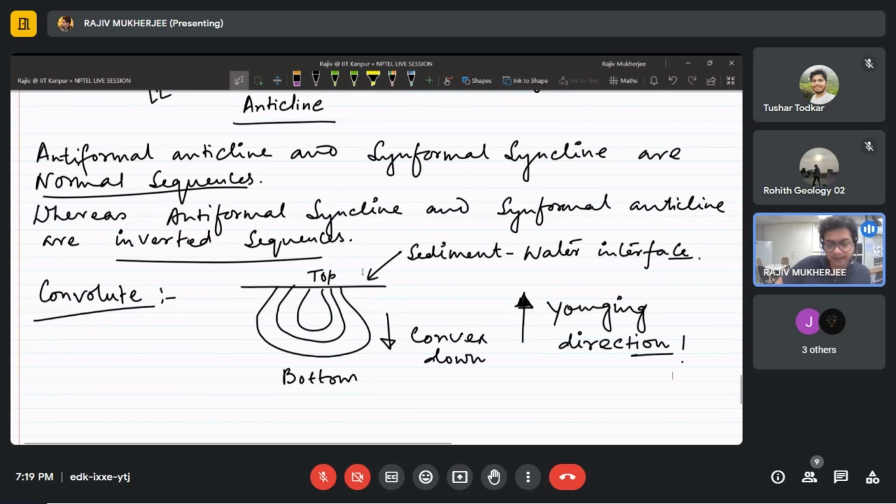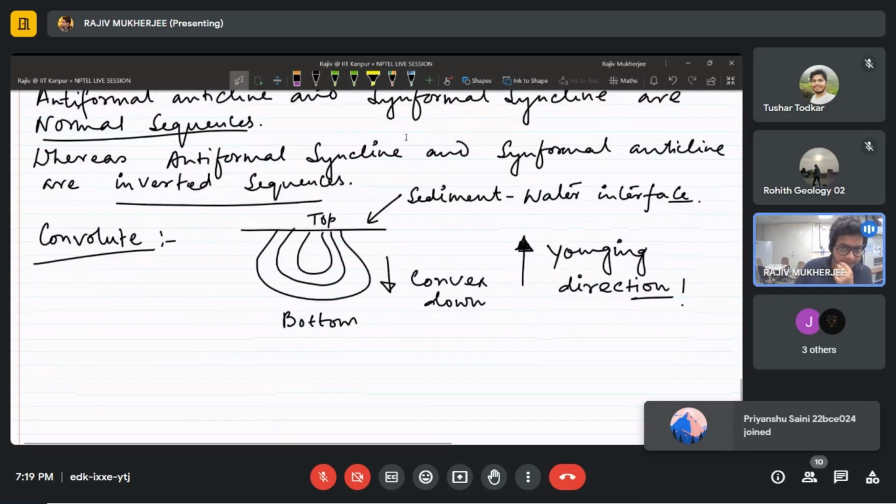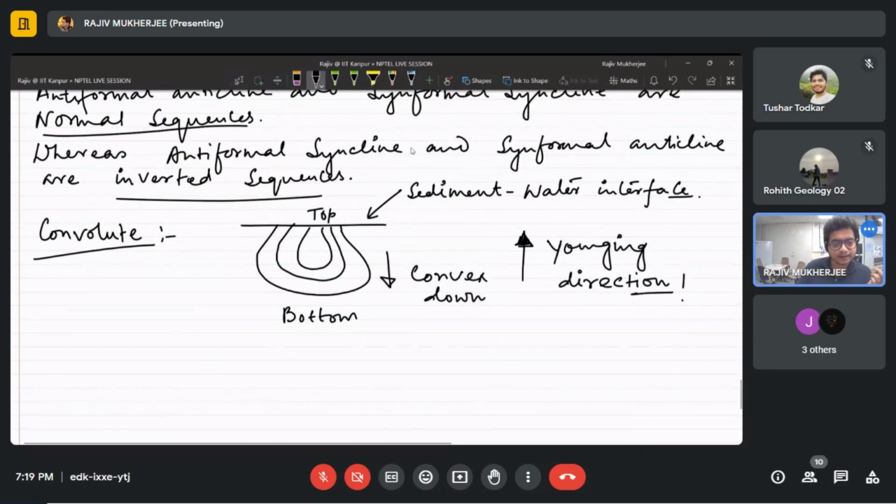Similarly, if we observe that these convolutes are inverted, then we can say that surely it could fall under antiformal syncline and synformal anticline.